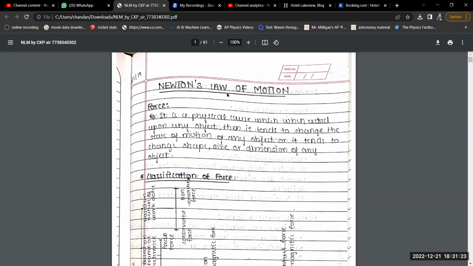That force will actually make changes to the shape, size, or dimension. So we will talk about deformation, change of length, change of figure, change of volume, and many other things. That aspect is studied in detail as a separate topic in physics. And as of now, you're going to study only the motion related effect of force. Of course, force can produce many effects, but right now we are interested only in this.